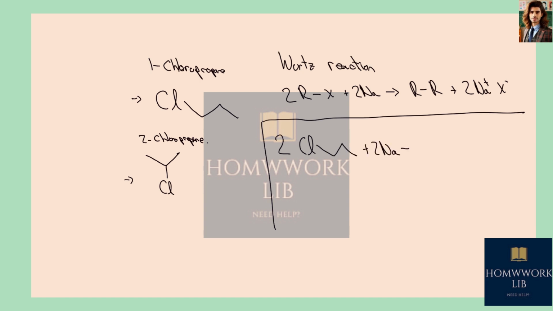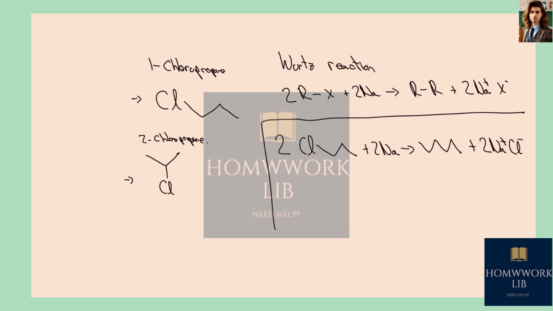What this is going to generate is 1, 2, 3, 4, 5, 6 carbons over here, and of course, two equivalents of sodium plus chlorine minus. So the first alkane that is going to be generated is going to be hexane.